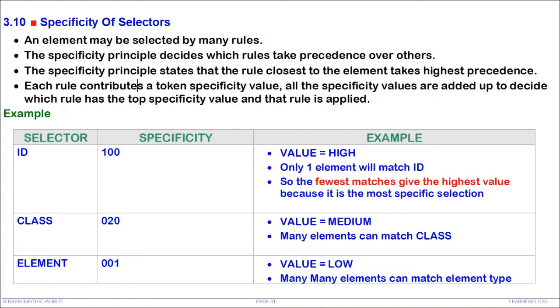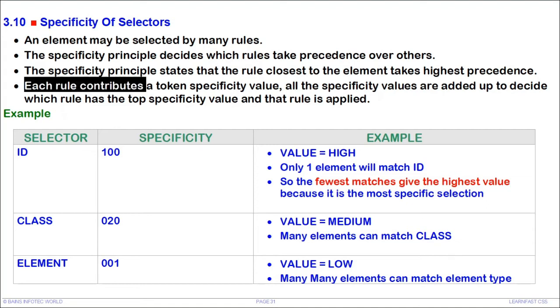So this means that, for example, if you have a style attribute, then that is most likely going to be the style definition that's closest to the element because it's inside the element, and that would take priority over style definitions contained in other places in style blocks or in external CSS files.